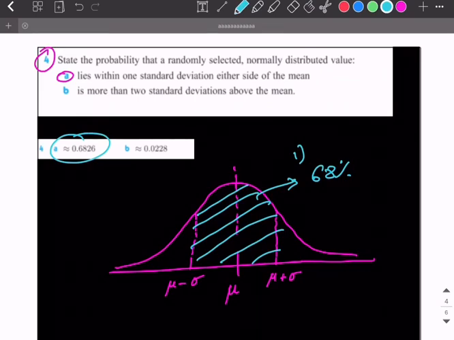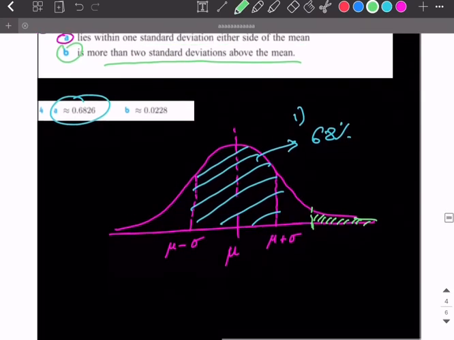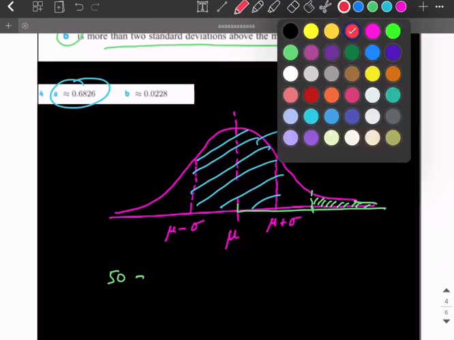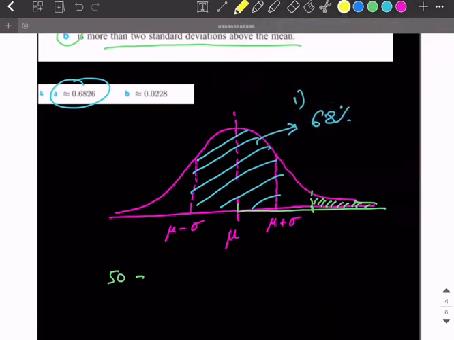And now for the next one, it says more than 2 standard deviations from the mean. So here is 2 standard deviations. So we're looking for this shading here. To do this, this whole thing from here to there is 50 minus, it's basically arithmetic, these questions.